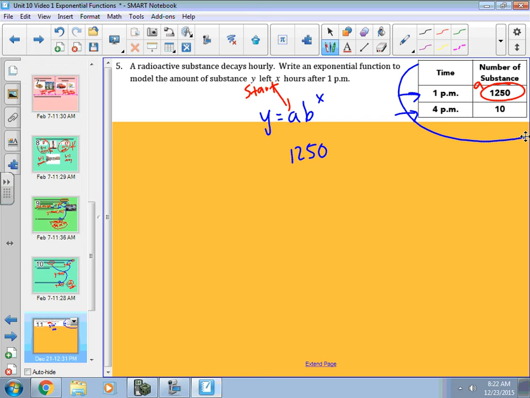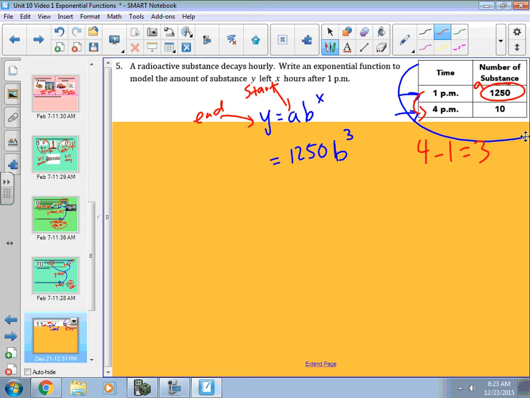We can't just divide these or something to figure it out. We're going to have to figure it out using the equation here. So B, we don't know. Okay, X, the time. The time we do know, or we can figure out here, from 1 to 4 p.m., 4 minus 1, that's 3 hours. So our X value on this one is 3. Okay, it's doing whatever it did for 3 consecutive hours. And then Y, that's our ending value.